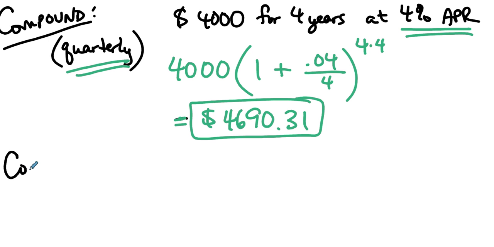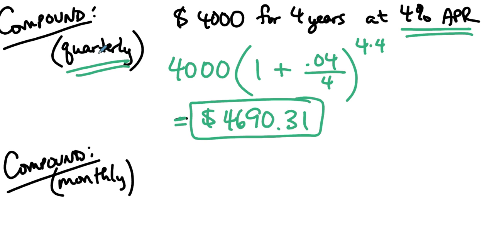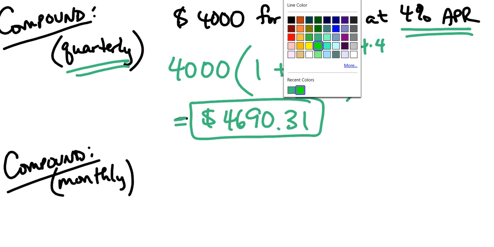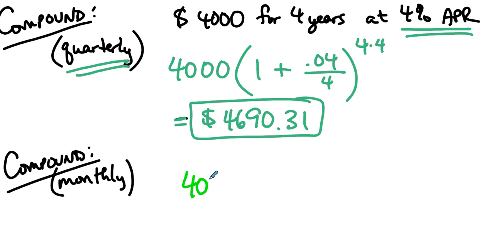Some banks and credit unions may decide, well, let's compound every month. I mean, if going from once a year to 4 times a year was good, maybe going from 4 times a year to 12 times a year would be even better. Well, it's still a $4,000 investment.